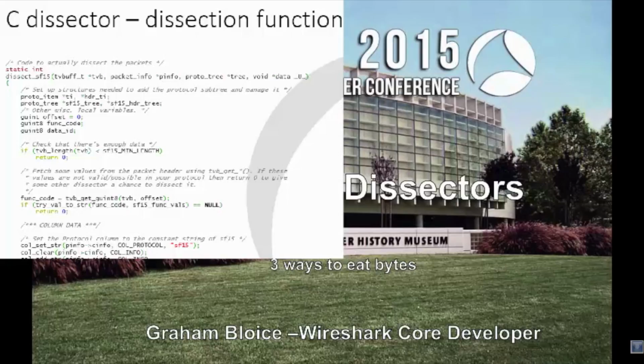You get handed the packet info, the pinfo field, very similar to Lua, and the proto tree, the tree field. And then dissectors can also be passed a data field that can hold other information, and the underscore U indicates that this is actually unused in this protocol.